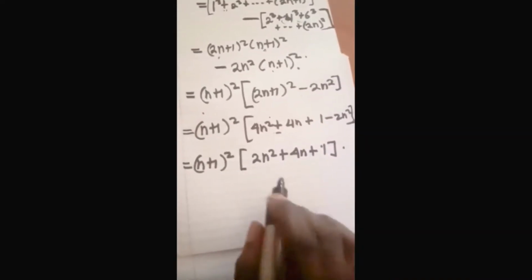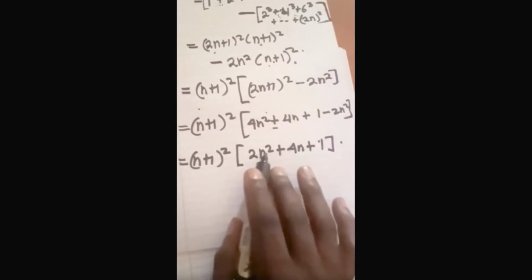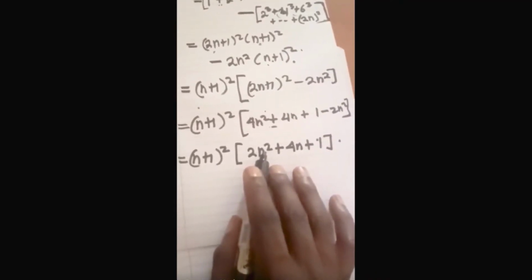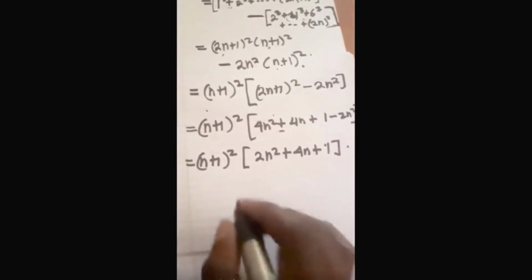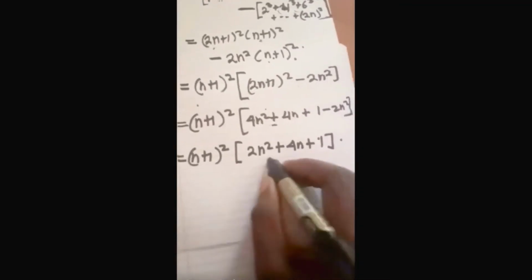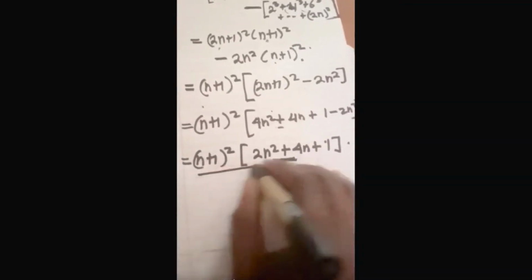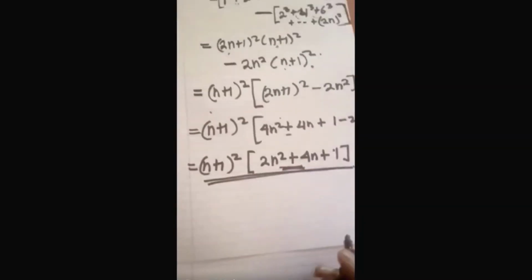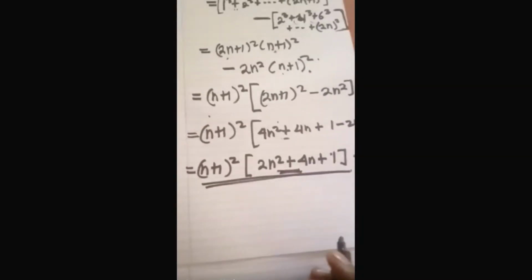And when I try to see this properly, I think we can stop there, because this one we may not be able to simplify further. That is the expression, meaning this is the answer we can submit.